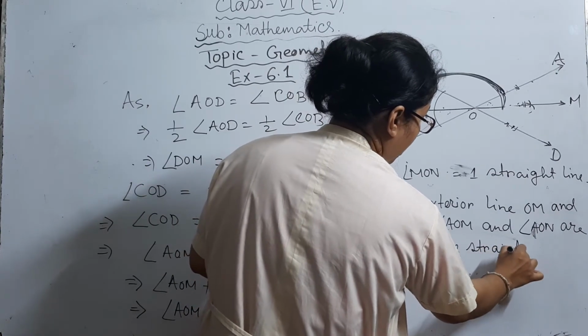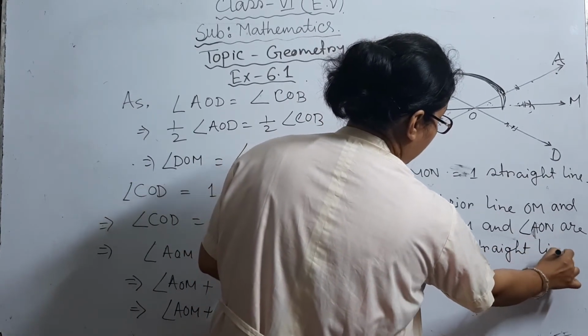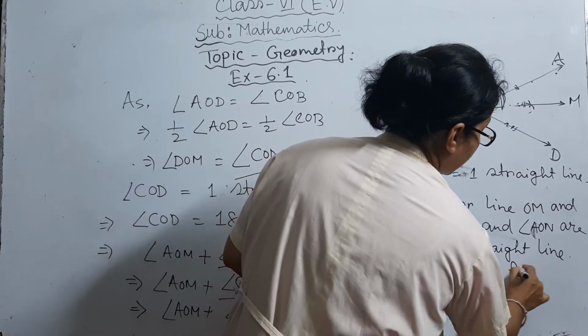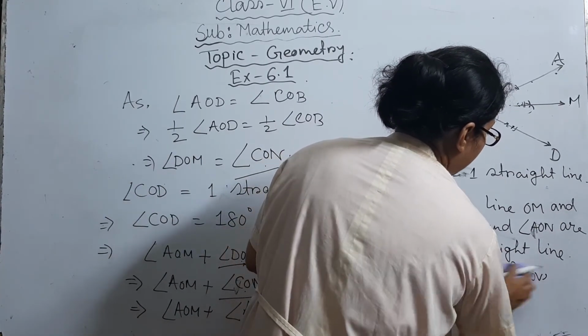Clear? Straight line. So, proved. So, you can write this way.